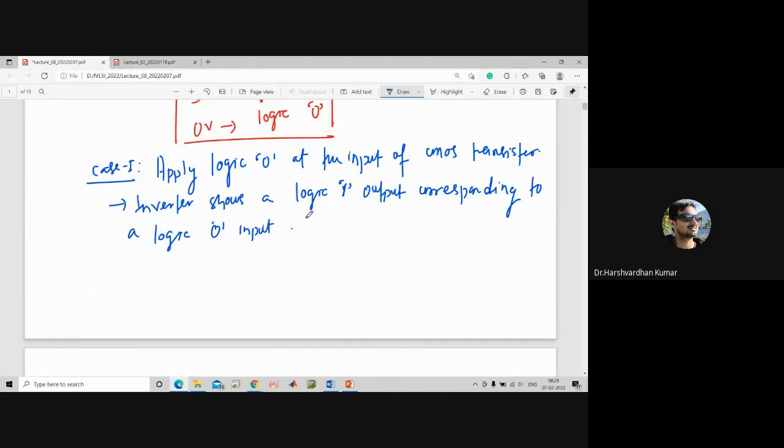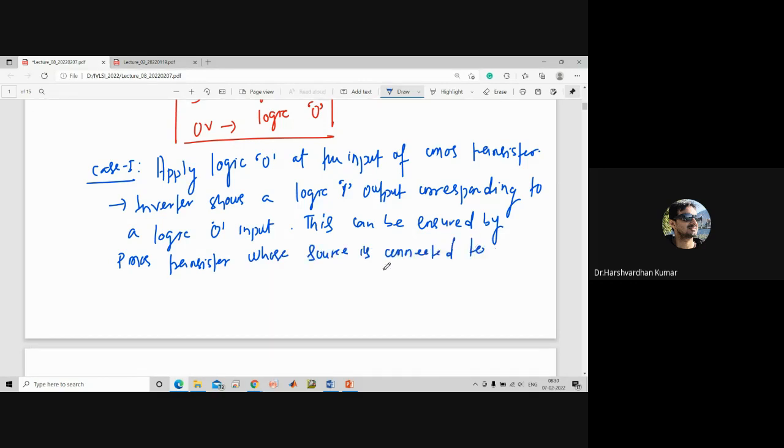So this can be ensured by a PMOS transistor whose source is connected to a logic 1. I have already defined the meaning of logic 1 and logic 0, so you just have to correlate. Logic 1 means 5 volt.